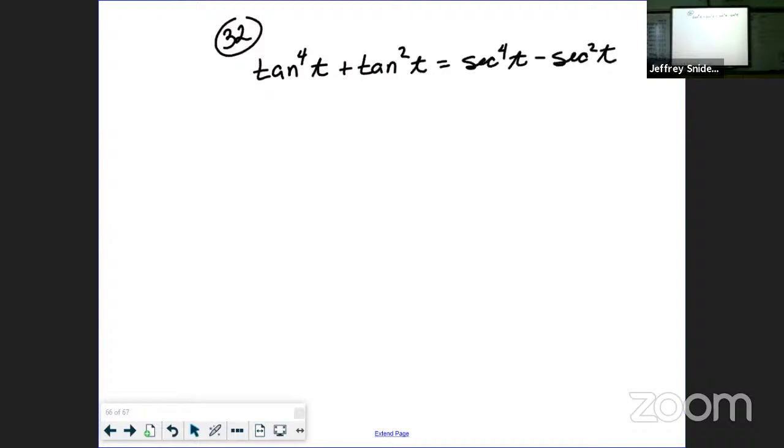Okay. And now T squared. What's one plus Pythagorean? It's secant. Not equal to. And then squared, times squared.